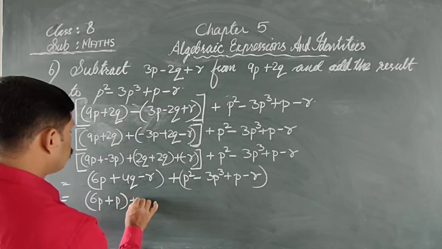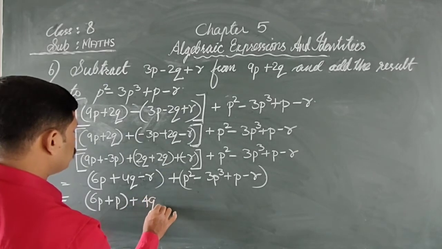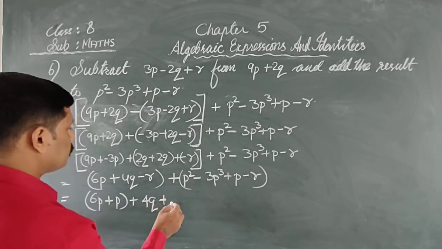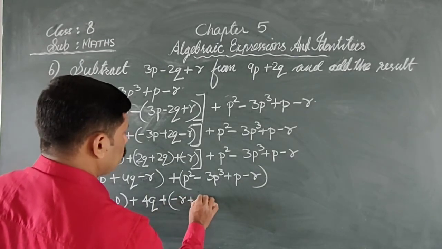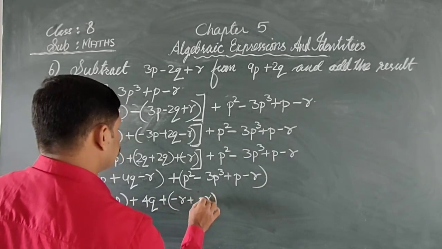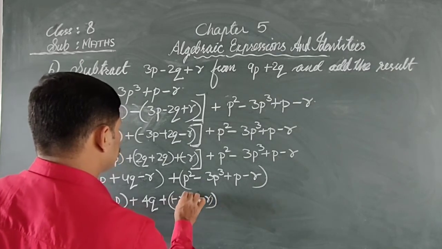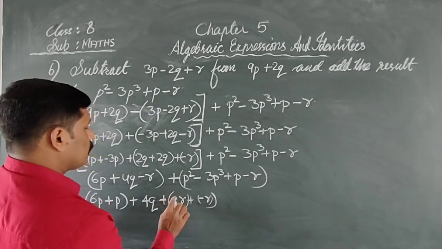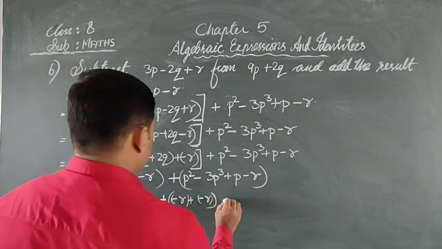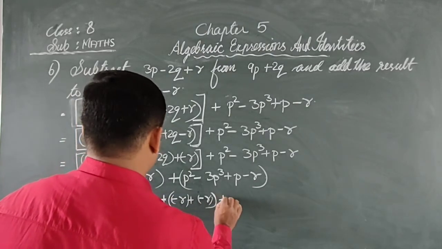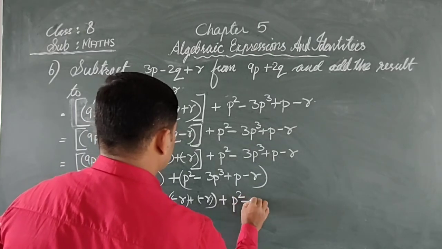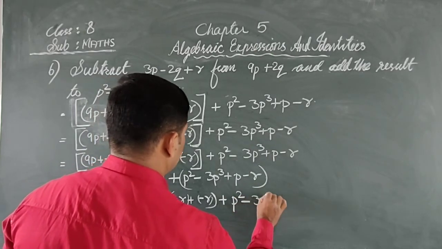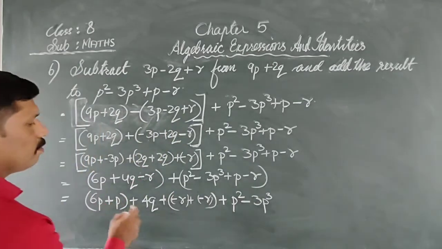Then 4q, that is only one, we write as it is, plus negative r plus here also one negative r, then plus p square, only one, minus 3pq.